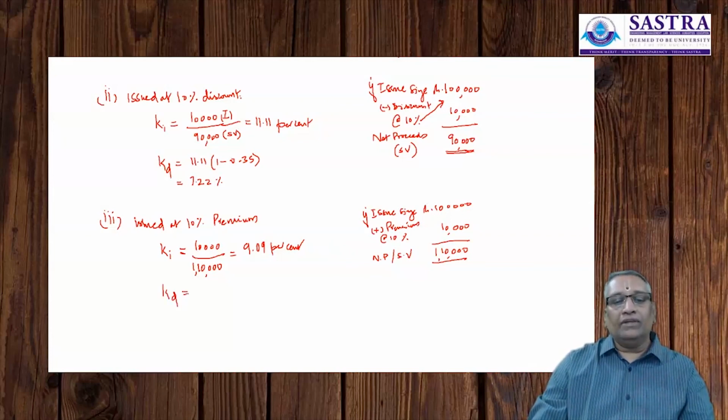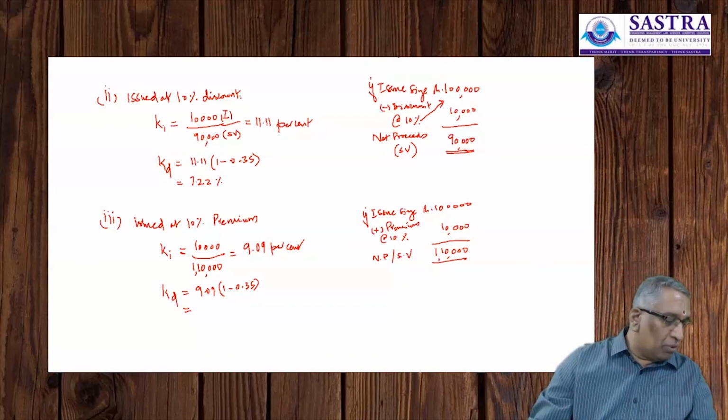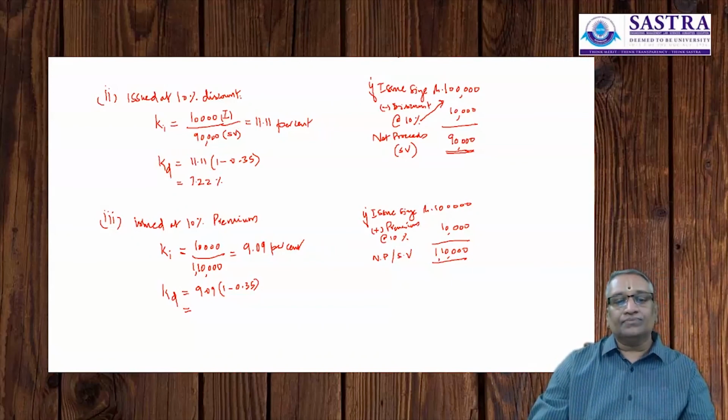And the effective cost of debt after adjustment of tax will be 9.09 into 1 minus tax rate, which is 0.35. Post-tax cost of debt will be 5.91%.